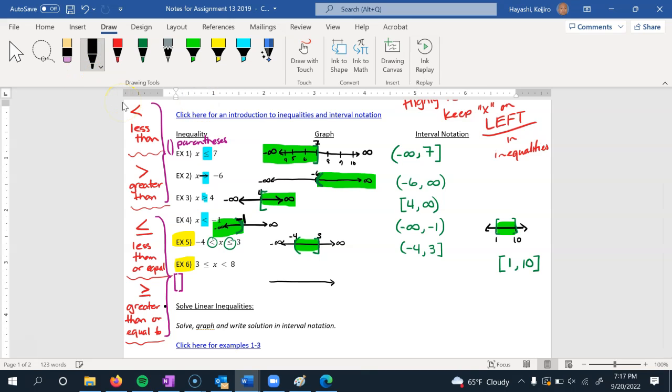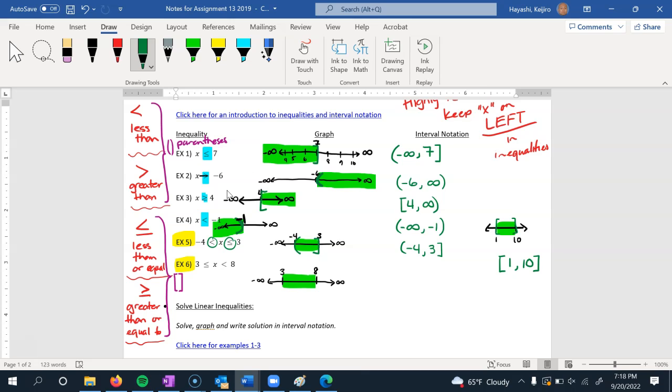And then this last example of a compound inequality, we're going to have the number 3 and we're going to have the number 8. X is any number that's in between these. So just shade the space in between 3 and 8. Is the endpoint of the interval at 3 going to have a bracket or parentheses?